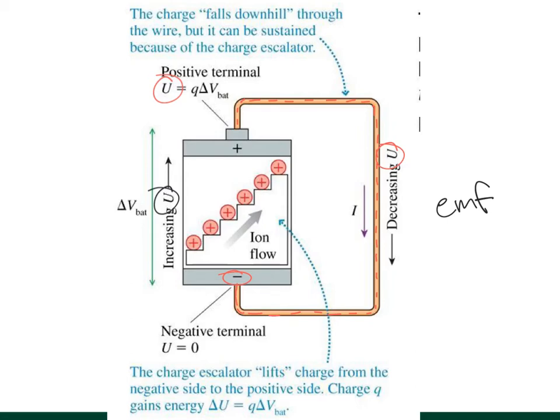But really anything that can give it energy is going to provide the EMF. For a battery, that's going to be chemical processes. But for the purposes of this class, you don't really need to know all of the inner workings of the device providing the EMF, but it goes from negative to positive and provides energy to those charges that have been depleted of energy over the circuit.